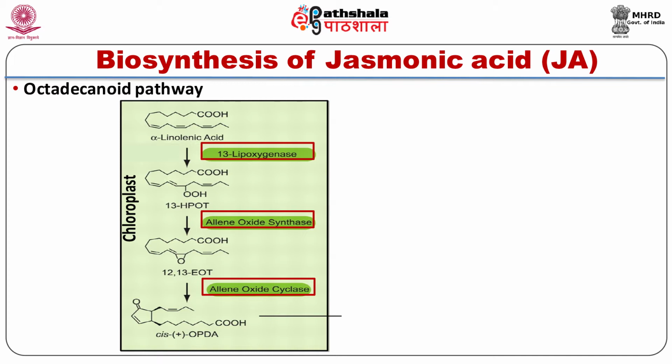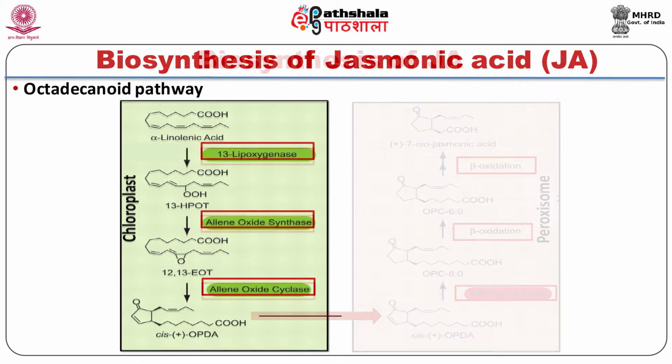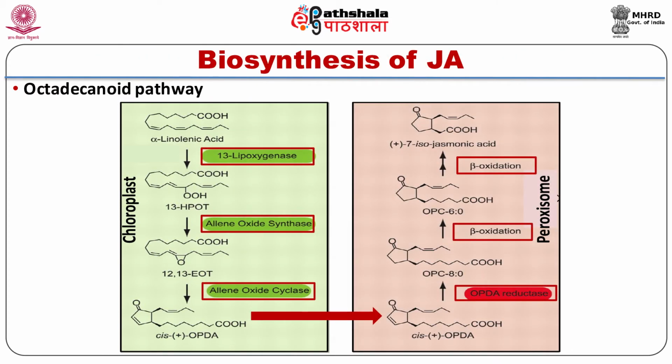The 13-HPOT is subsequently cyclized to yield 12-oxophytodienoic acid, that is OPDA, by the enzymes allene oxide synthase and allene oxide cyclase respectively. After this, OPDA is transported from the chloroplast to the peroxisome and its movement is facilitated by the ABC transporters.